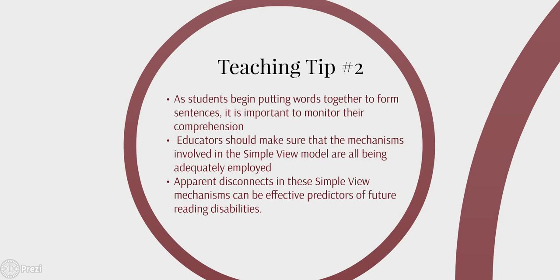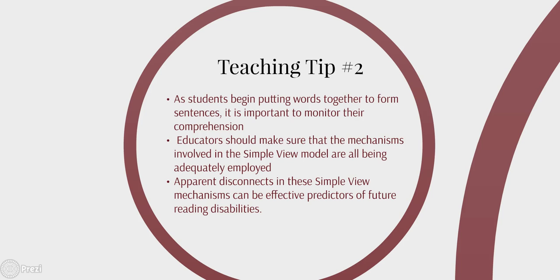Okay, so as students start putting words together, it's definitely important to note if we see any learning gaps here. So if students are not quite getting words in the correct order when they're putting sentences together, this can be a clue that there might be some reading disabilities that are going to pop up in the future.